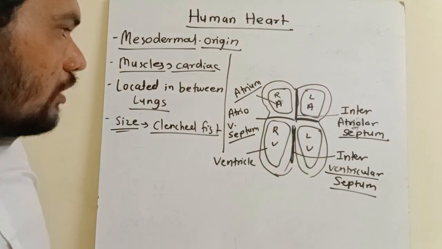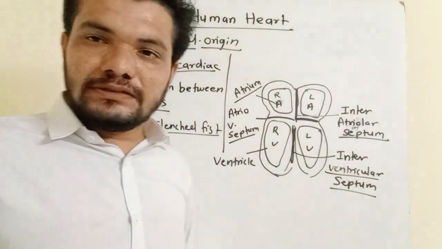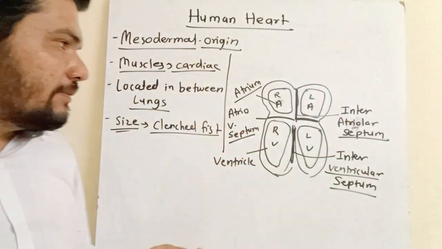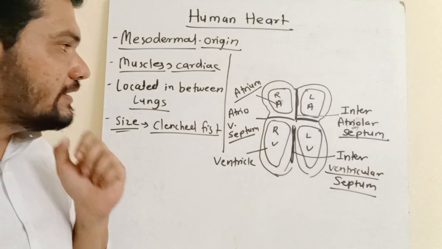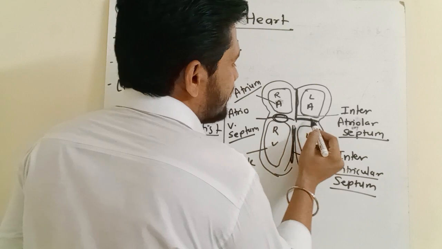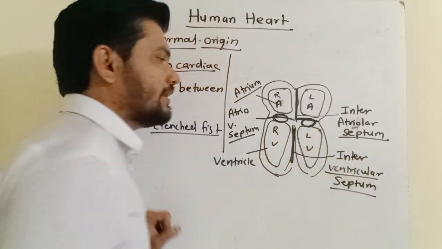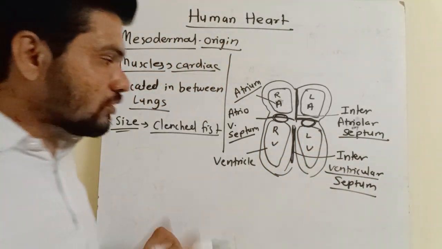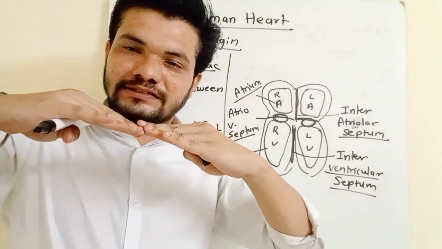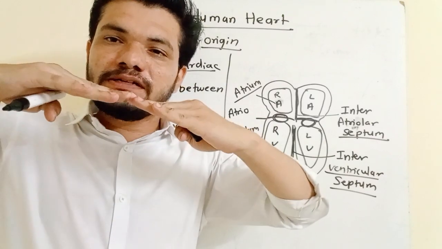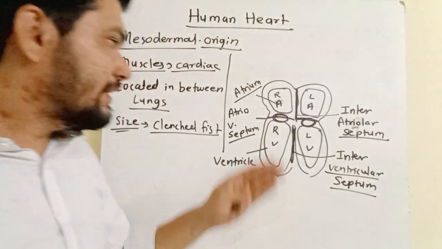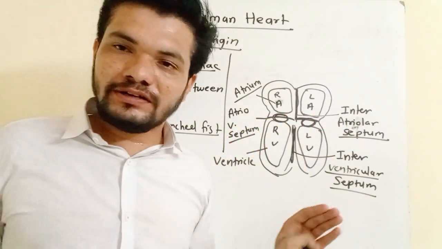Let's talk about how blood comes inside this heart, and how blood goes away from the heart. But before that, you have to see here, there is an opening present in between these atria and ventricles. And these openings have some door-like structures called valves, which open on only one side, called tricuspid and bicuspid valves respectively.